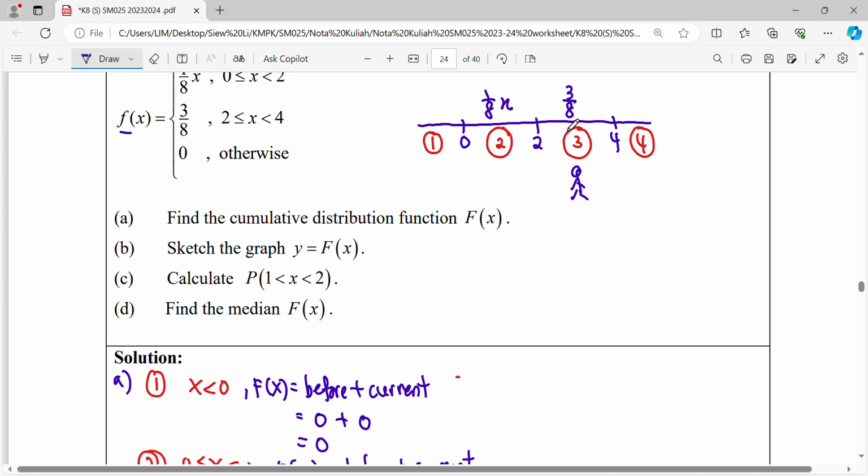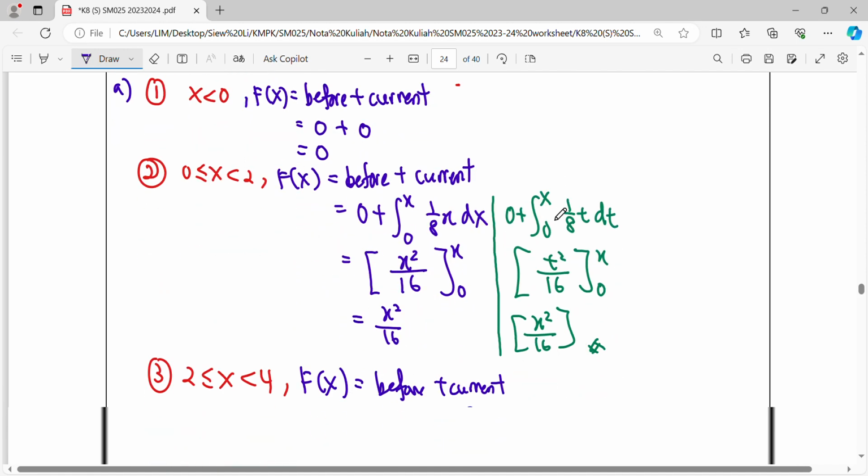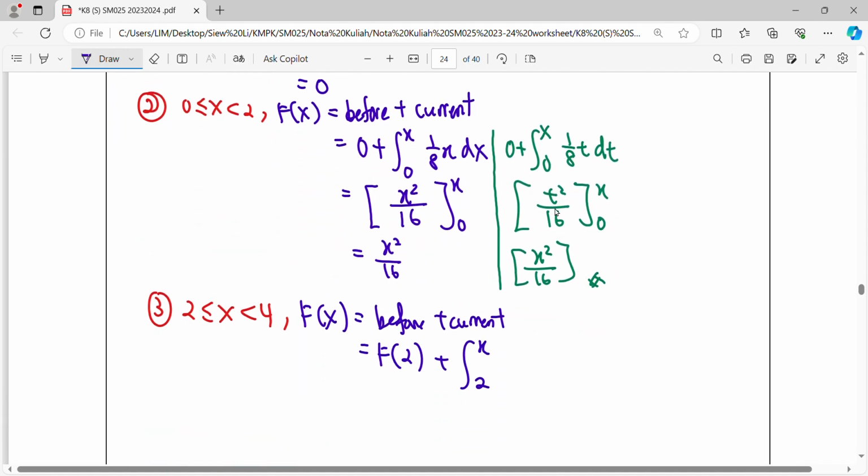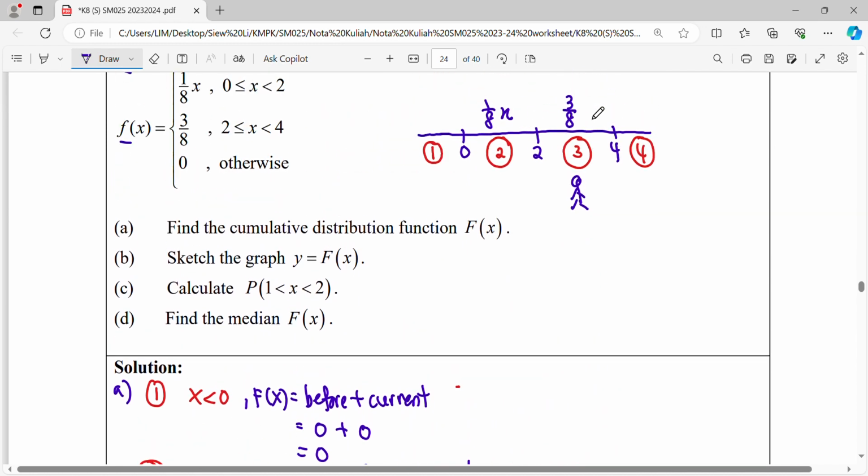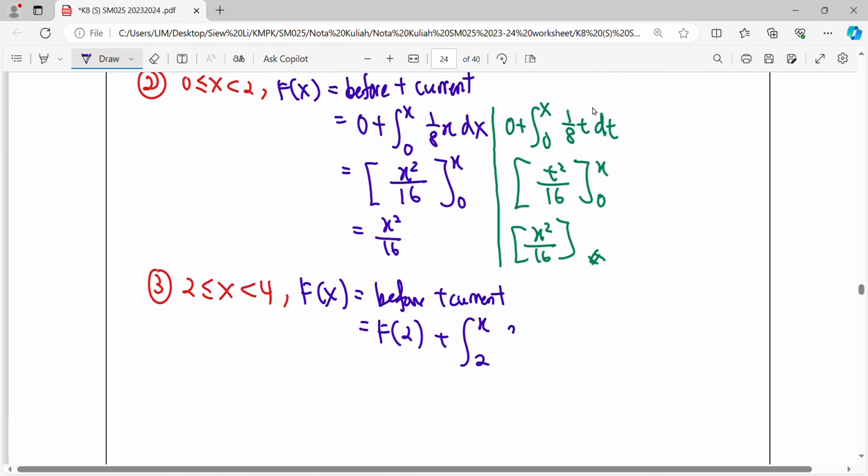So we will integrate from 2 until any number here, any random variable here, so it will be 2 until x. For that current interval, the function is 3 over 8. Before that, you have to refer to the answer before, the accumulation.